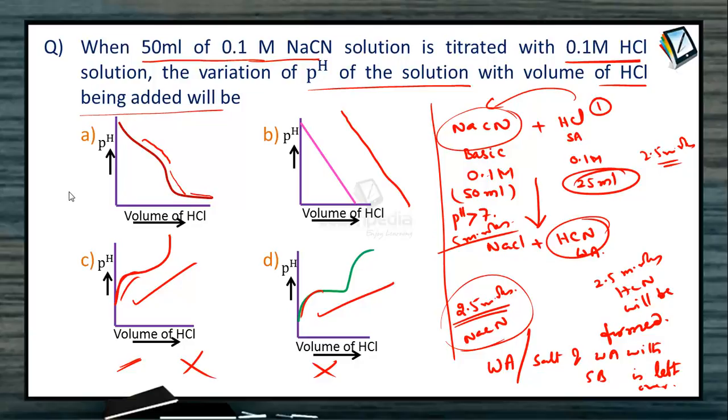So therefore, curve A looks more appropriate, while B is drastically decreasing. It's not showing any part of the reaction resulting in buffer formation. So we understand that during the titration, a stage will be reached where a buffer is formed, and then the buffer slowly loses its property, resulting in the formation of weak acid.